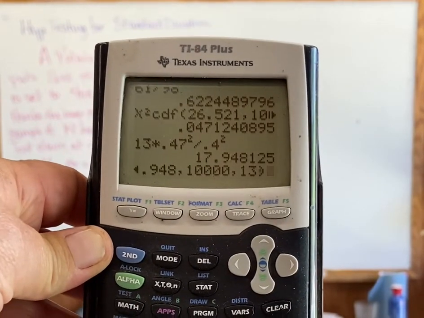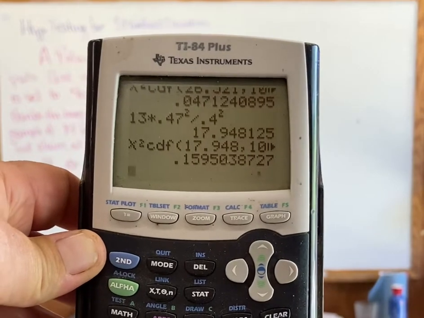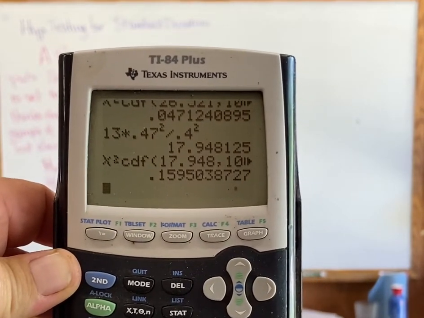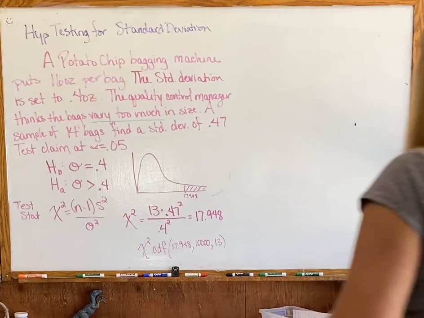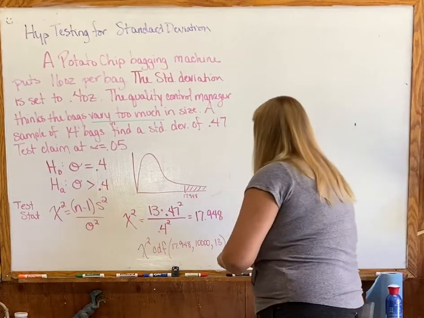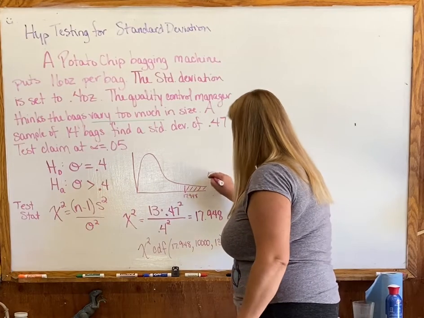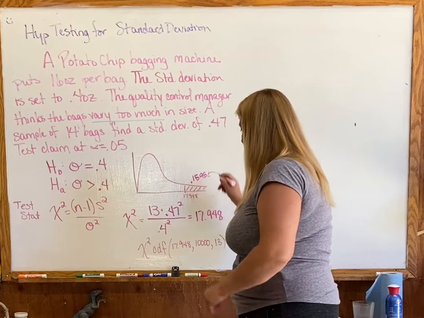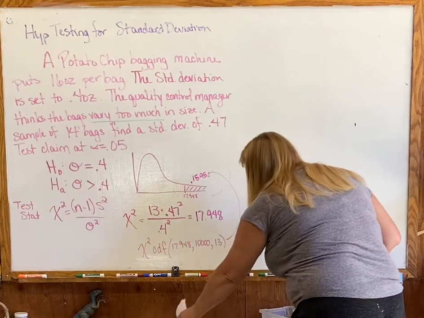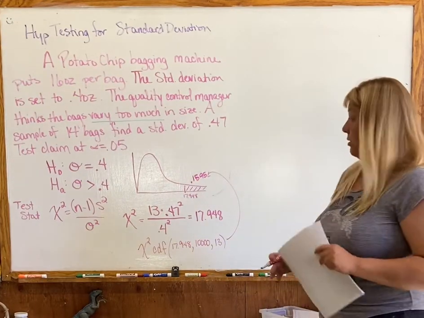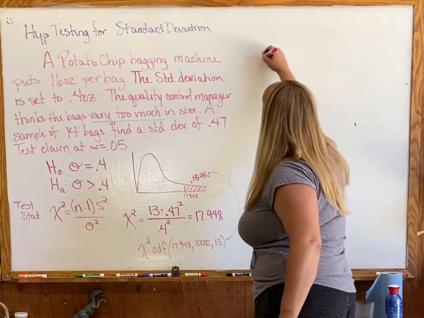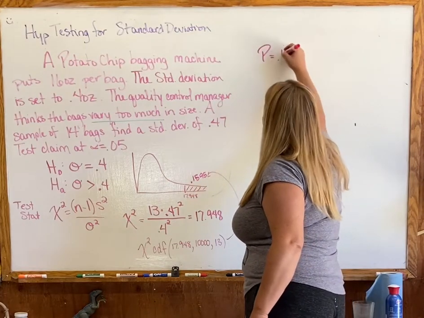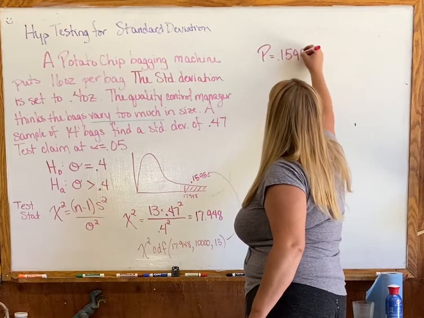And enter, enter. And I got 0.1595. So remember that that thing is giving us this area, which is 0.1595. But that is also our p-value. So our p is equal to 0.1595.